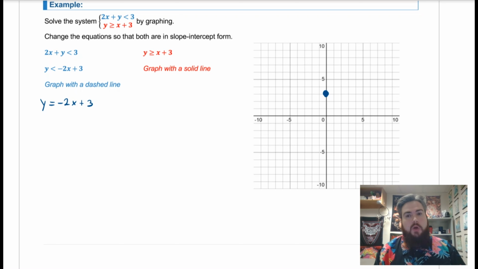That means we're going to go down 2 for every 1 that we run. So down 2 over 1, or up 2 back 1, however you want to think about it. This should give us our boundary line for the inequality y less than negative 2x plus 3. I will graph this, but I'll again do so as a dashed line. Just like that.